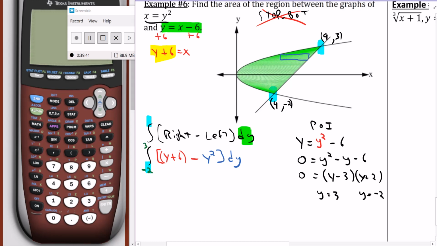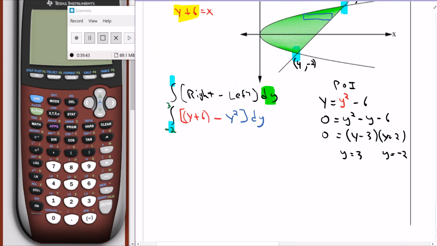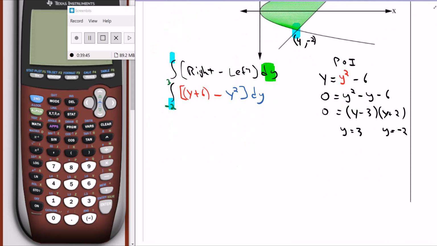Okay, and then we integrate. So I guess we can just do this. Y squared over 2 plus 6y minus y to the 3rd over 3, evaluated from -2 to 3.